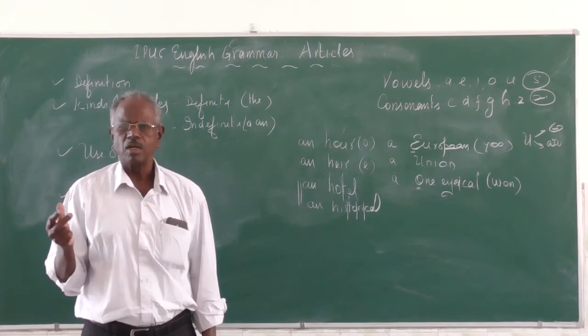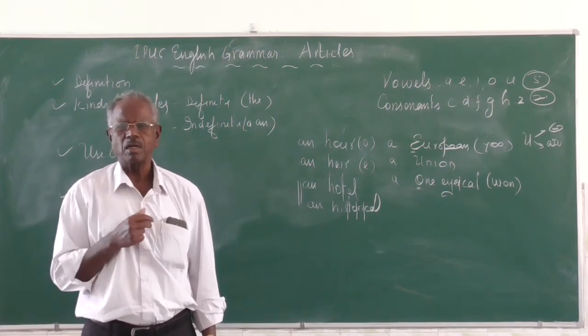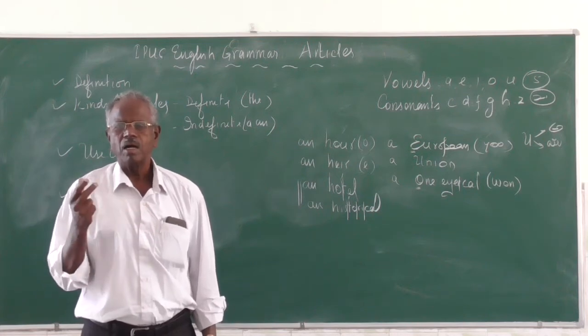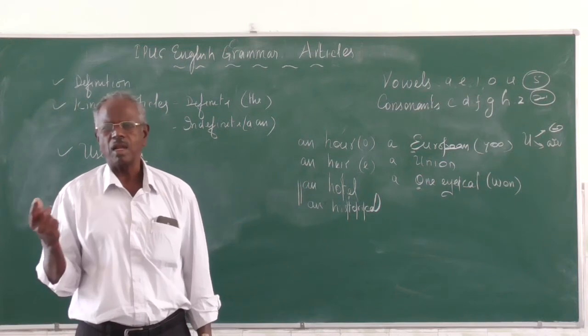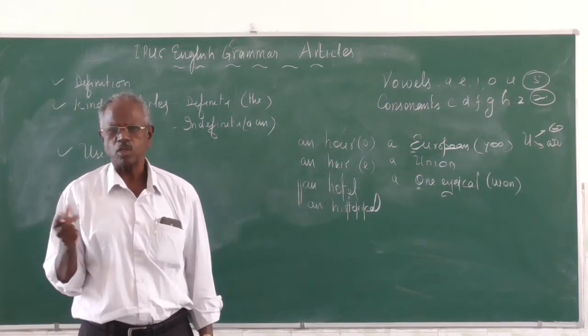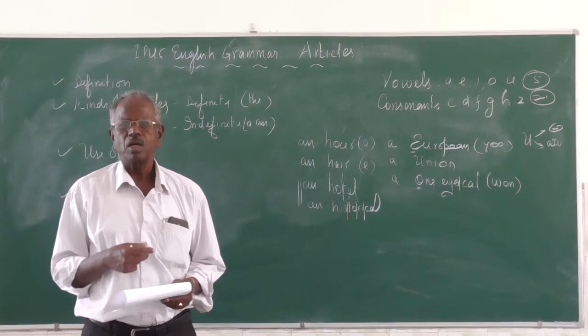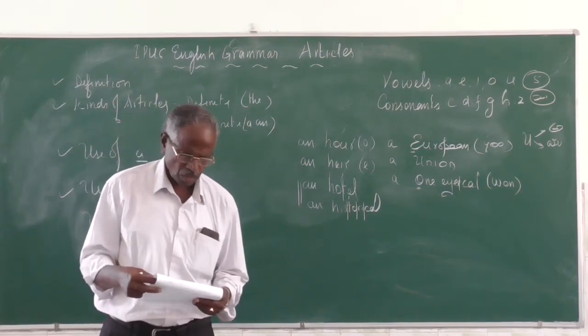Gulf: the Gulf of Mannar. Then mountains: the Himalayas, the Western Ghats, the Nilgiris, the Alps. So we use the before names of rivers, oceans, gulfs and mountains.